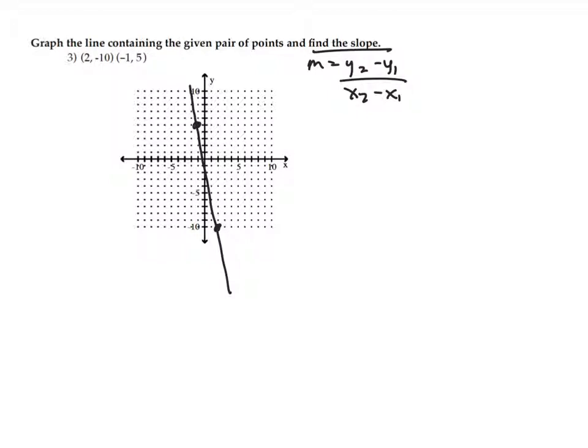So my rise is 15, and then I have to go 1, 2, 3 over to the left. And if I go left, that's a negative, so it'd be negative 3. So my slope then would be 15 over negative 3. If I divide those, I could just call it negative 5. If I want to write it as a fraction, I could write it as negative 5 over 1.